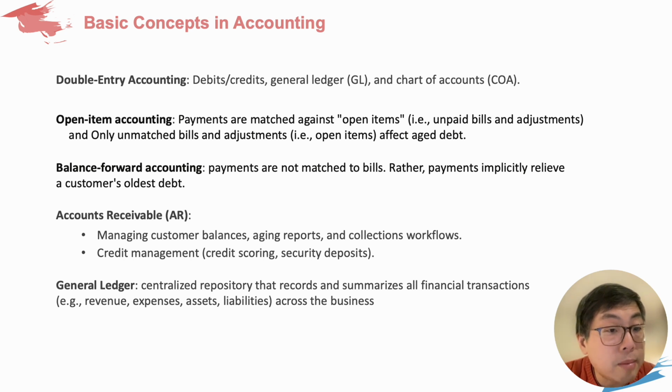Similarly, credit management, credit score, security deposits. Look, all this financial information, the base of it is financial transactions. So the financial transaction is the most fundamental element when it comes to calculating bill, payment, adjustment, balance, etc. So we need to understand how it works, when they are generated, and when they are frozen.